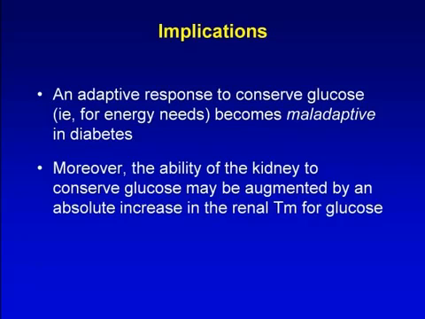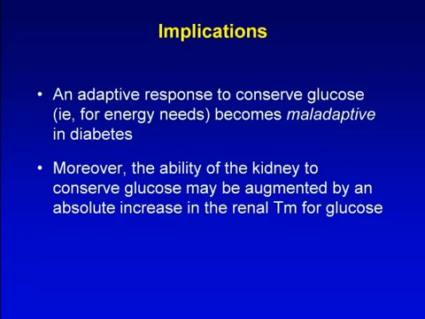So what does that mean? What are the implications in terms of SGLT2 function and glycemic control? In a normal person, this is an adaptive response to conserve glucose, because humans tend to conserve energy.